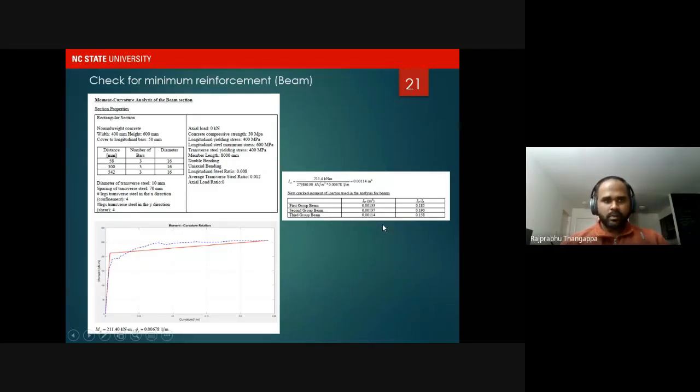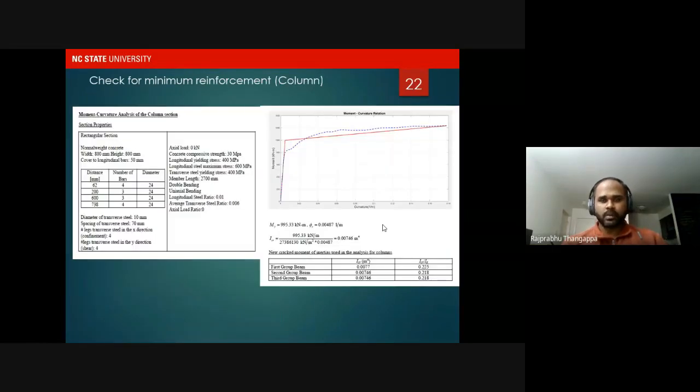So moving on, we will have to repeat this process for the columns, estimating the cracked section stiffness from the moment curvature analysis. We decide the new cracked moment of inertias that we will be using in the subsequent analysis.